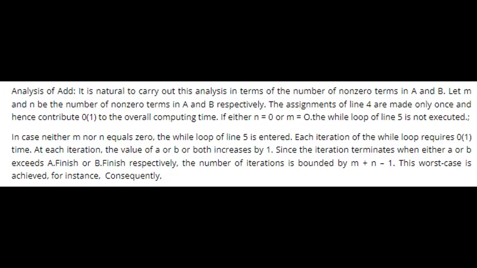The number of iterations is bounded by m plus n minus 1. That will be the worst case scenario for the polynomial addition.